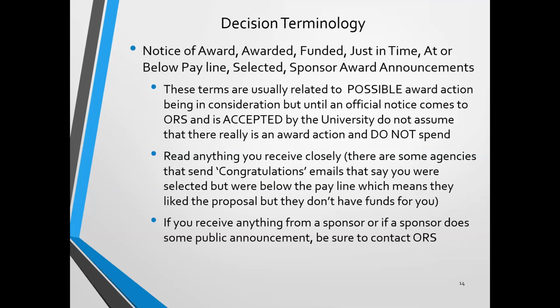If you receive anything from a sponsor related to an award or a request for information, even if they do a public announcement where they mention that you're going to be receiving funding, make sure that you contact ORS so that we know what you're hearing from the sponsor. Sometimes if they have forgotten to copy ORS on the email, then we can reach back out to them to make sure that we're in the loop and we can find out when we'll be getting the official paperwork.